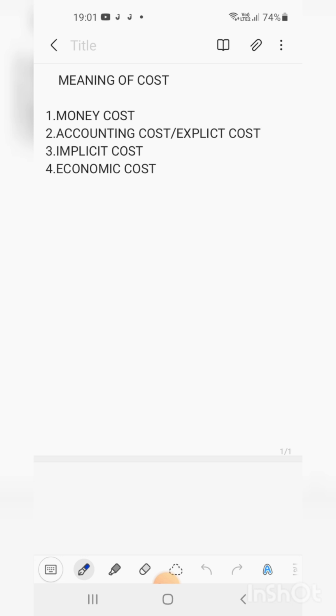Cost is the sum of all the payments to the factors and non-factor inputs of production engaged in the production of that commodity.